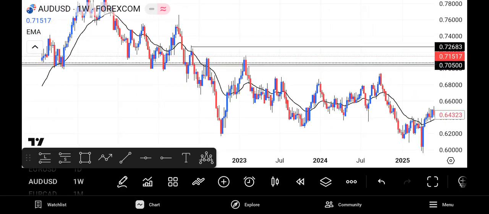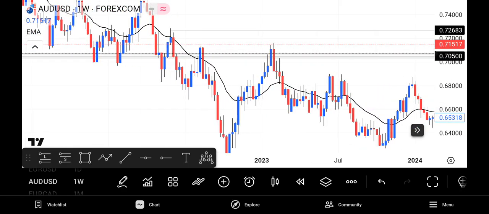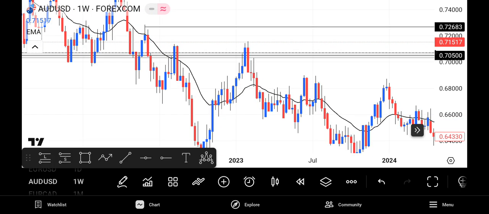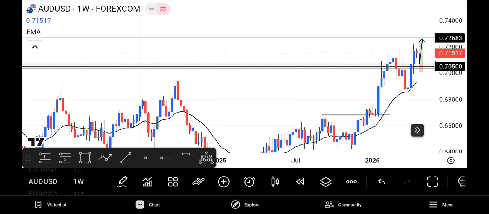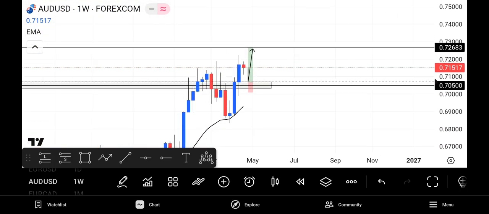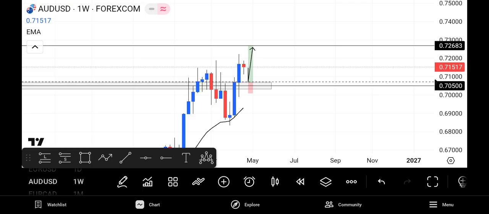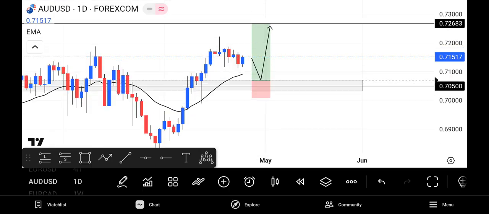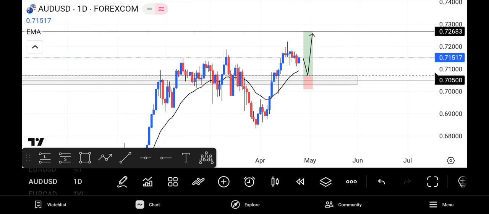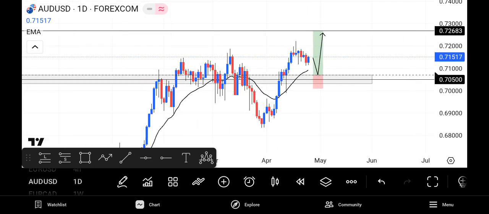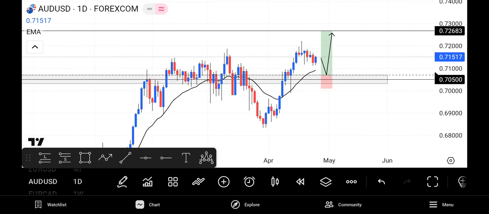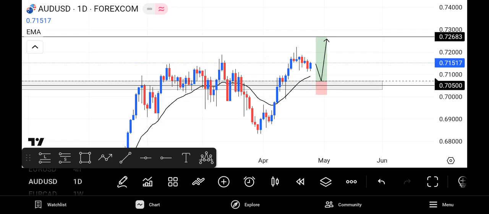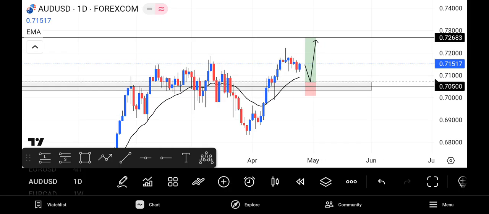Right here we have this structure point, a very strong structure point on the weekly time frame of AUD USD, and we can see we have broken above it, and we are waiting for the retest to come back down. So the weekly is bullish, and the daily time frame of AUD USD is also bullish.